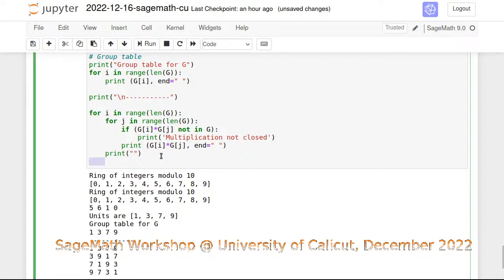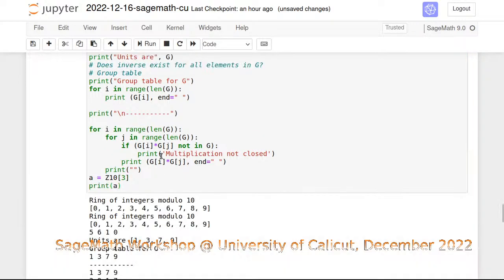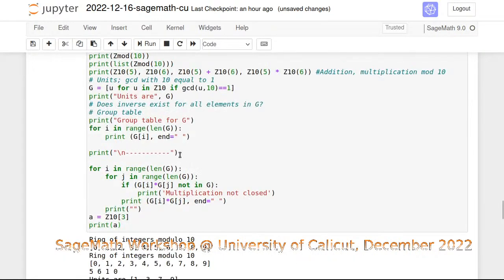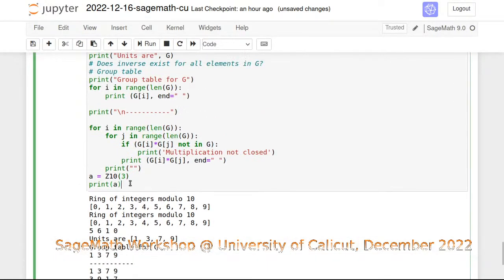For example, suppose that we take a equal to Z at 10, that's the notation we used. Z at 10, 3 is nothing but 3.